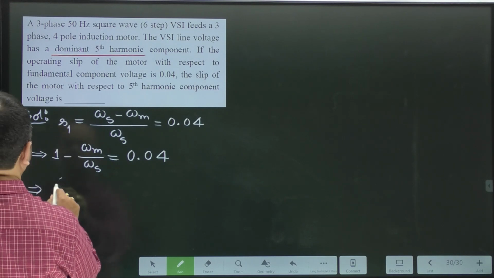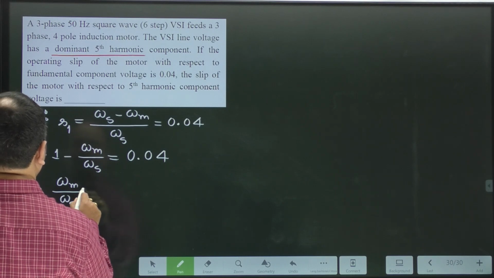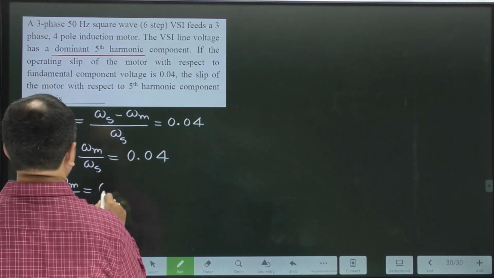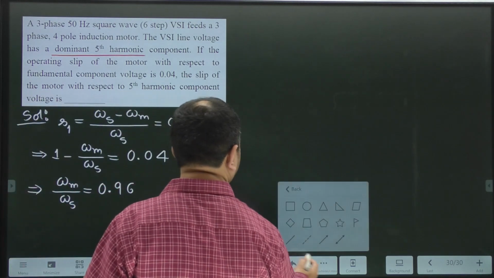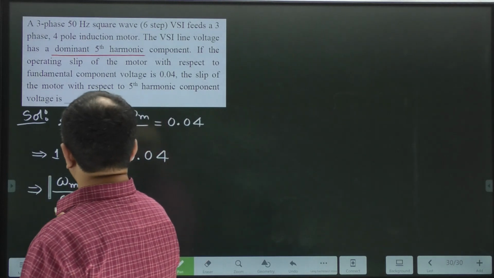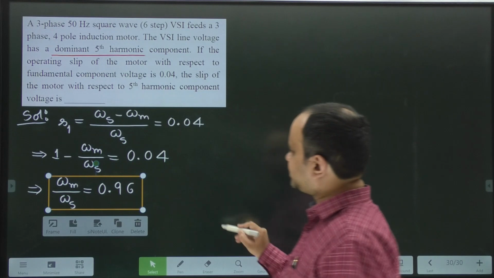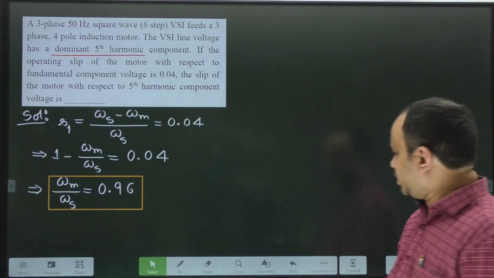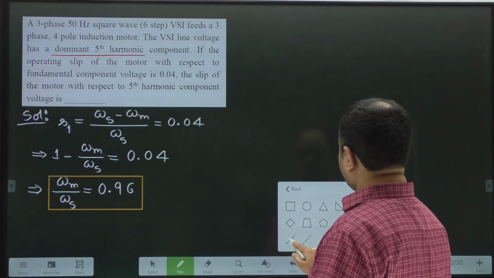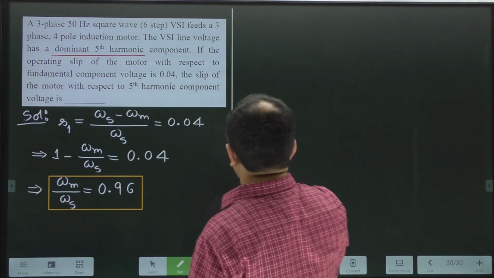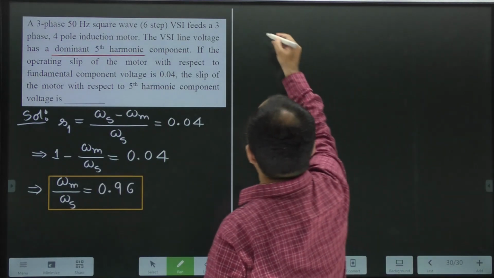In other words, omega m divided by omega s is equal to 1 minus 0.04, which is 0.96. Okay. Now let us keep this value, we will use it in the later steps. Now follow carefully here. If you relook into the slip definition carefully, the definition of slip is like this.